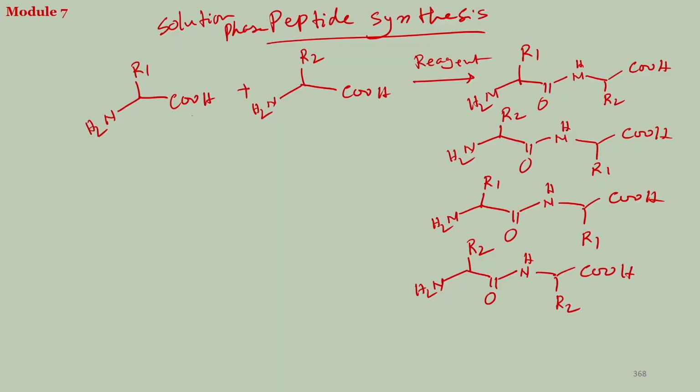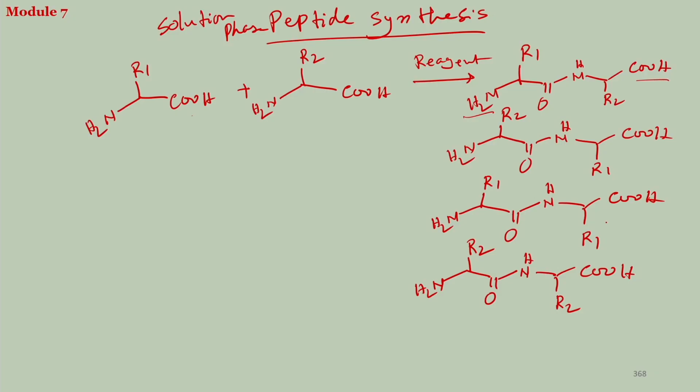Now, you have to separate them out, and of course, you can see that separation will be a very complicated factor, because all of these are dipeptides. Lengthwise they are the same, they have the same number of free acid and free amine groups. So their polarity will be roughly the same.